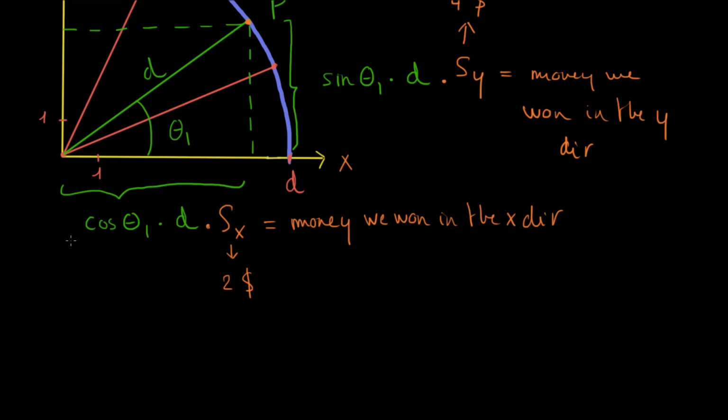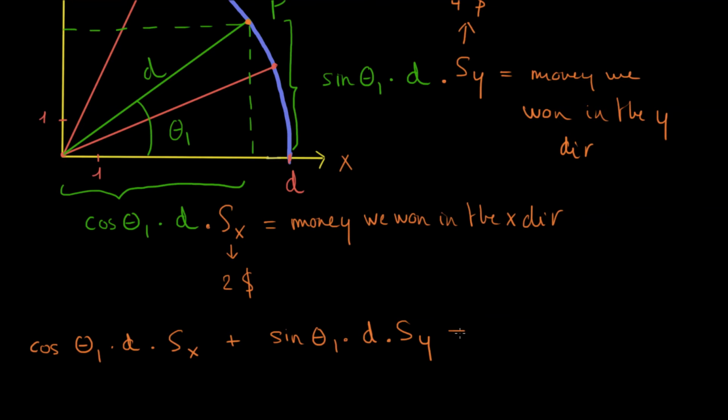So this will give us cosine of theta1 times d times s sub x plus sine of theta1 times d times s sub y.